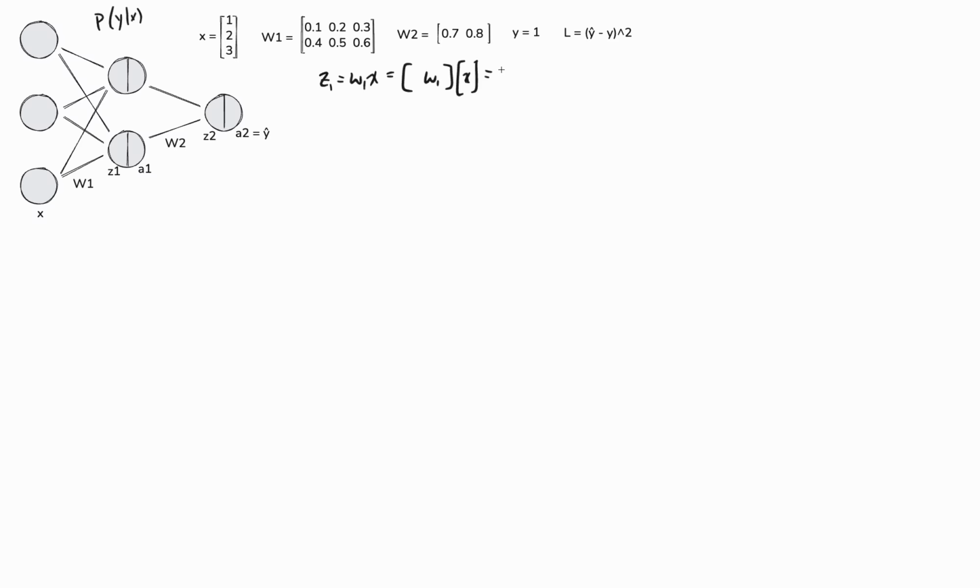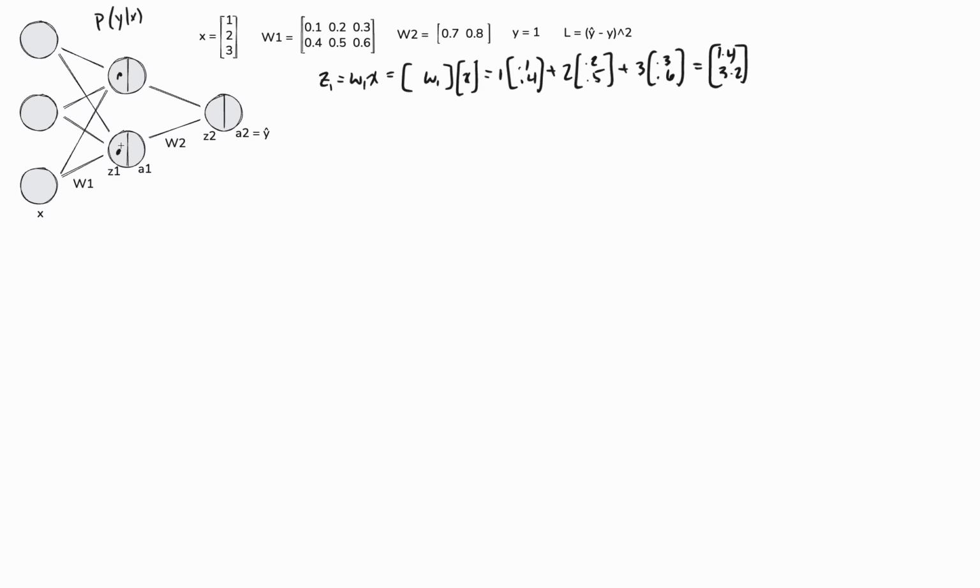So we'll say equal to 1 times the first column, 0.1, 0.4, plus 2 times the second column of W1, 0.2, 0.5, plus 3 times the third column, which is 0.3, 0.6. Okay, if you run this out, you will get 1.4, 3.2.